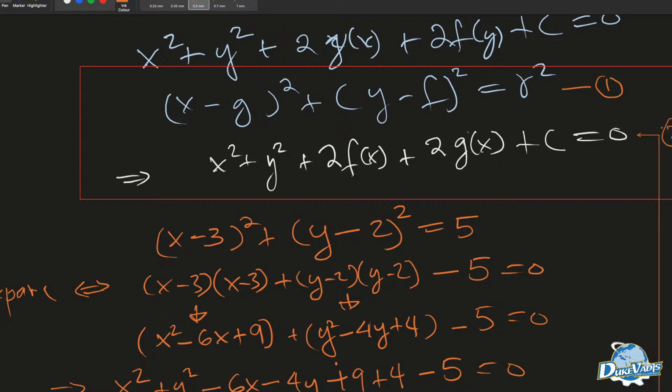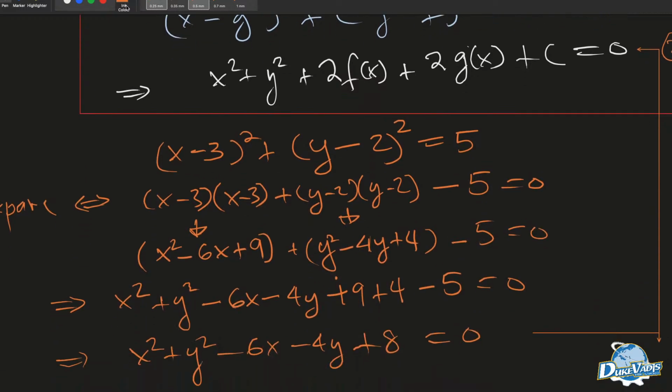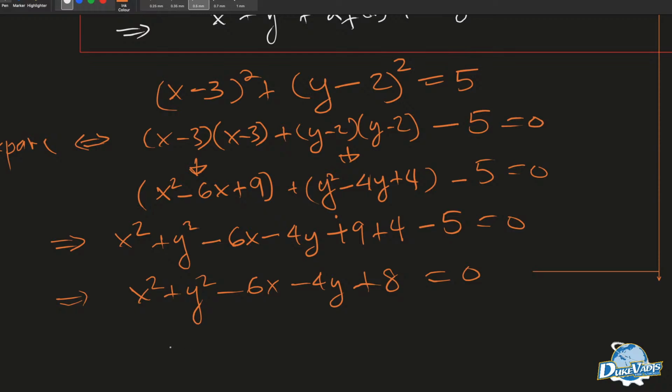If you don't really get it, let's go back and take the general equation we all know, which is similar to the first one. Let's say we have x minus a squared plus y minus b squared is equal to r squared.